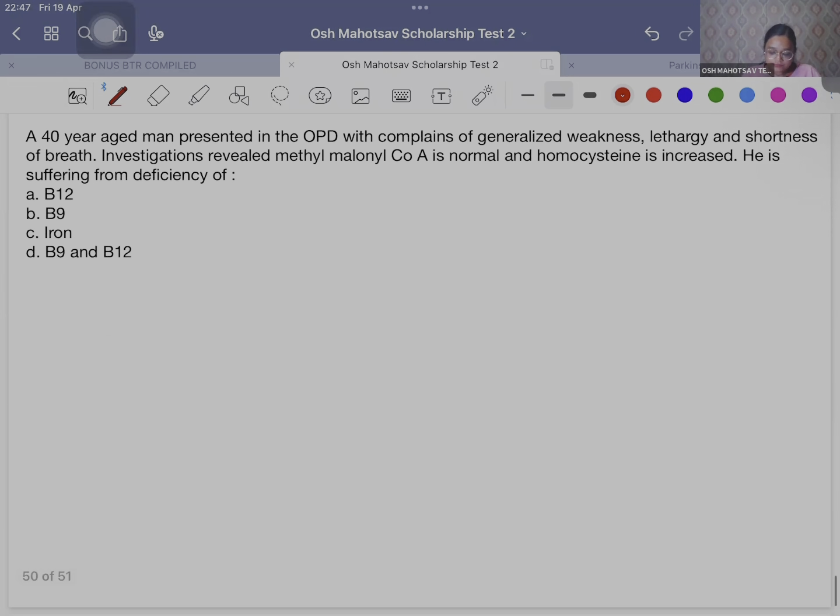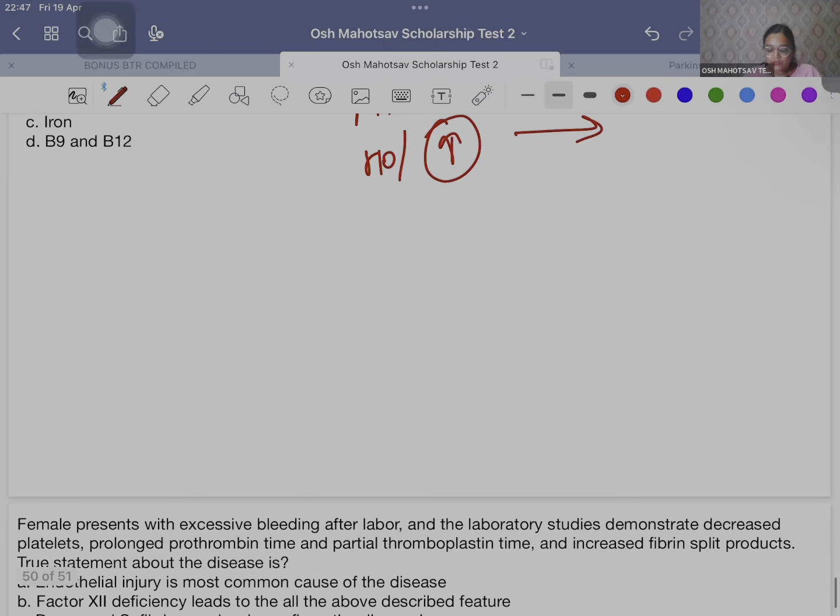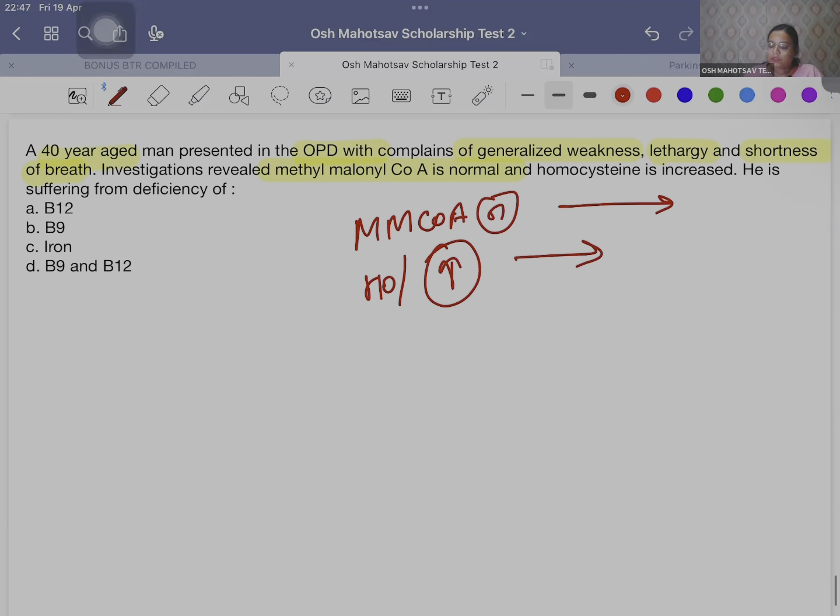The 40-year-old man presented to OPD with generalized weakness, lethargy, and shortness of breath. Investigation reveals methylmalonyl CoA is normal, only homocysteine is increased. We have one pathway: methylmalonyl CoA forms succinyl CoA, and homocysteine forms methionine. The methylmalonyl CoA conversion is mediated by vitamin B12.